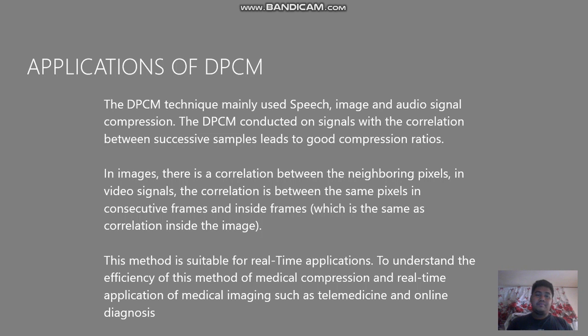As for applications, DPCM technology is mainly used in speech, image, and audio signal compression. DPCM conducted on signals with correlation between successive samples leads to good compression ratios. In images, there is correlation between neighboring pixels. In video signals, the correlation is between the same pixels in consecutive frames and inside frames.